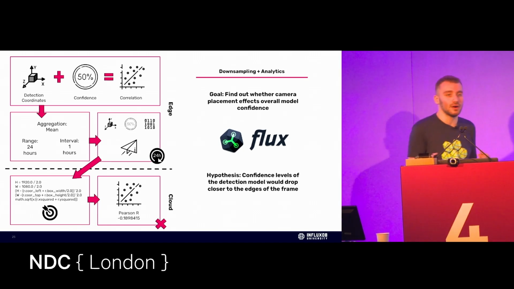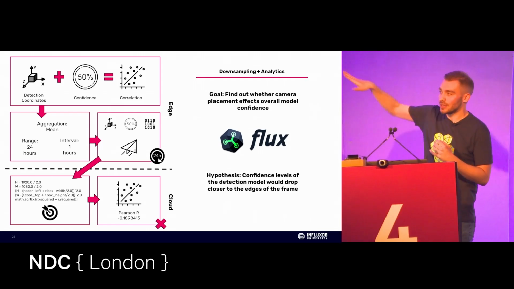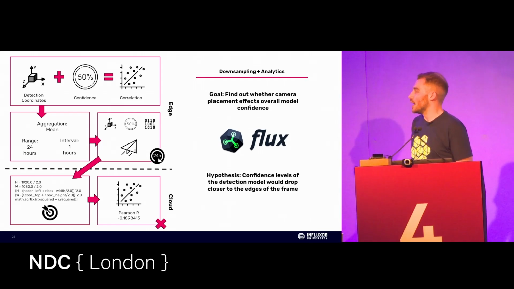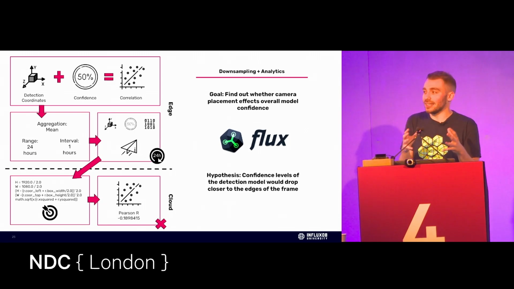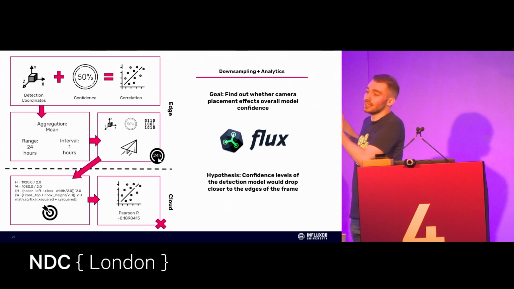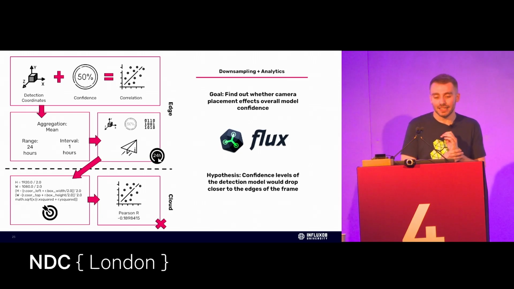InfluxDB Cloud is our SaaS solution. You can run that for free, and we also have paid tiers and so forth. But the idea here is we would take the aggregated data from the edge, put it into the cloud, where I was going to perform some more interesting analytics on it.